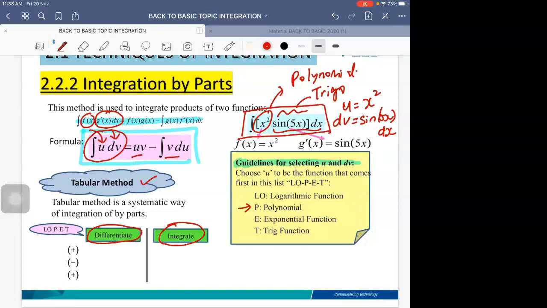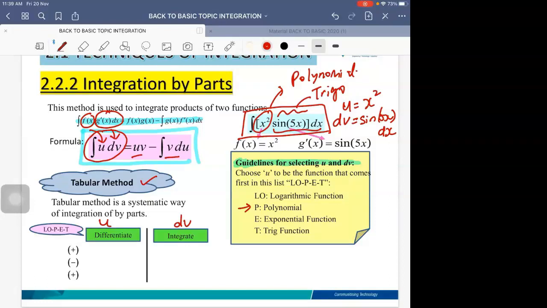When you fill in your tabular method, you put your u here at the column of differentiation, and this is for dv. For the function that we assign as u, we differentiate.